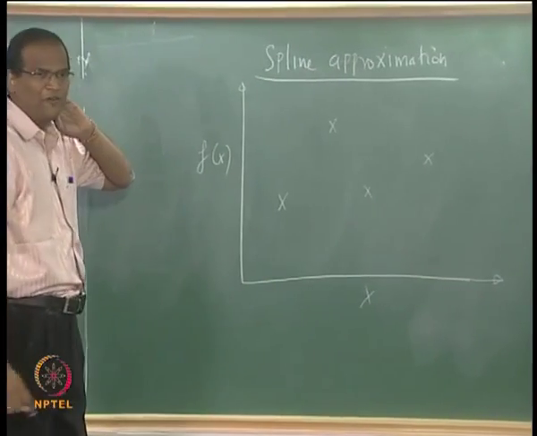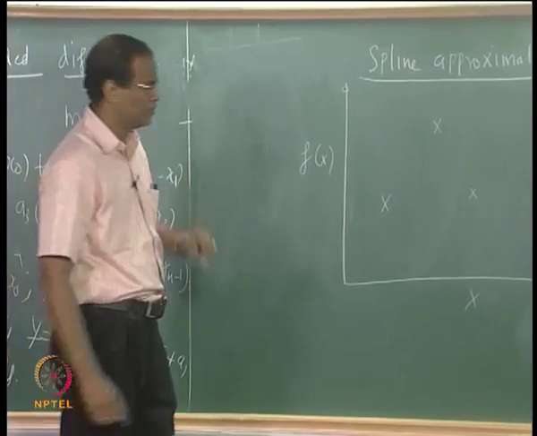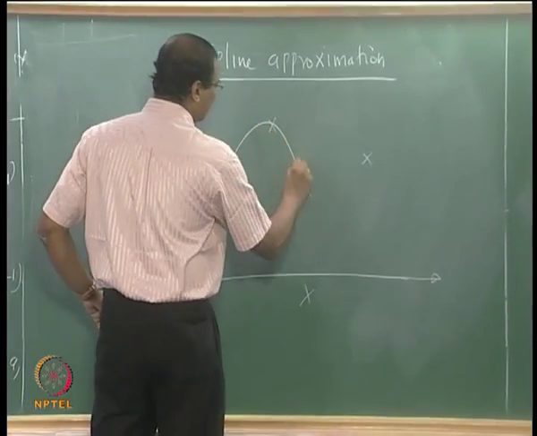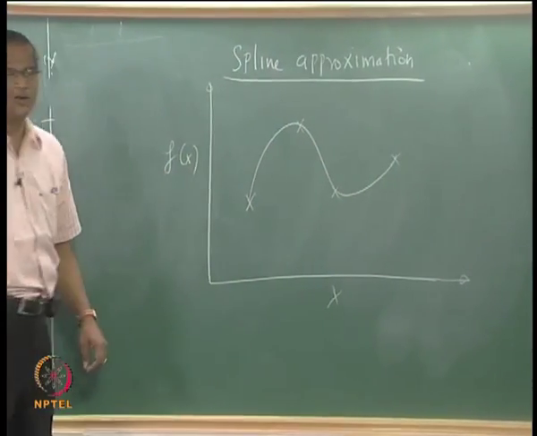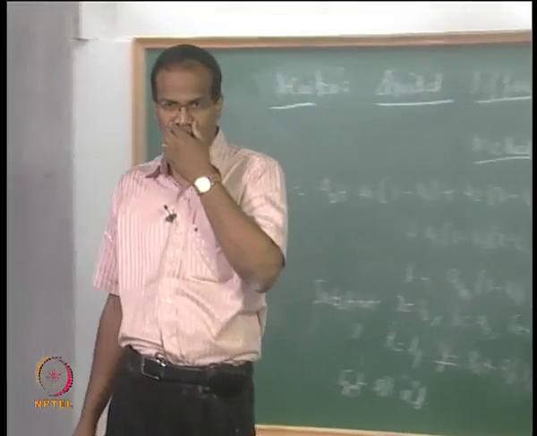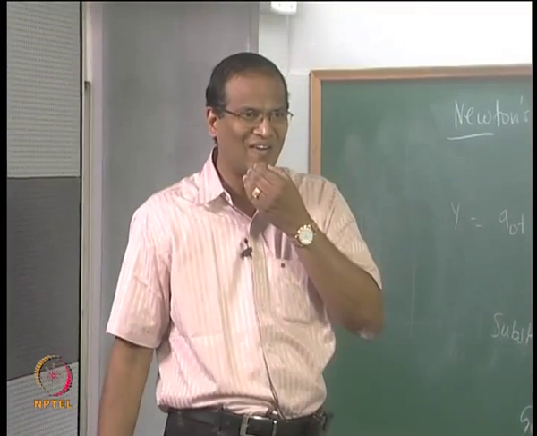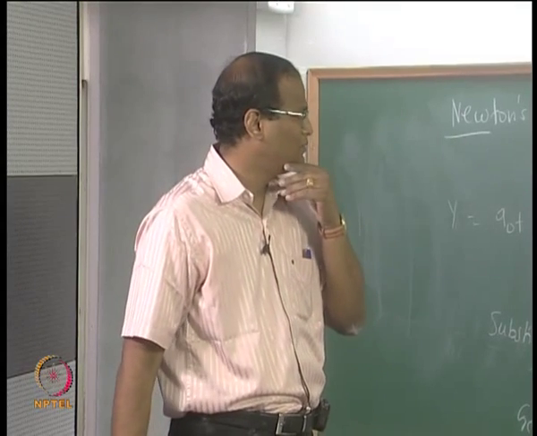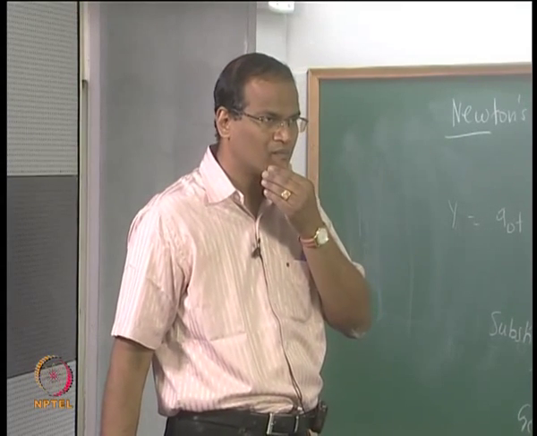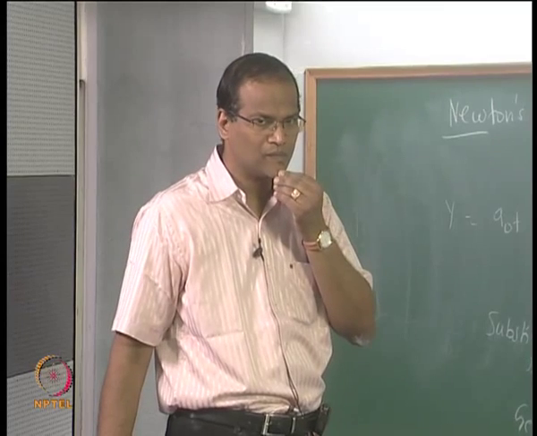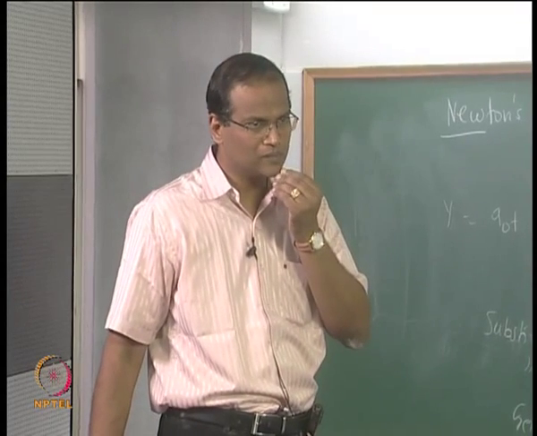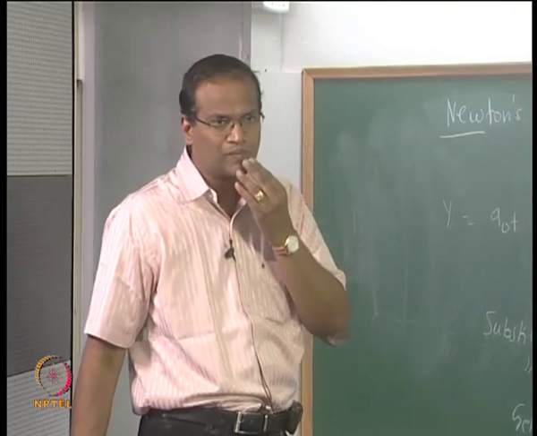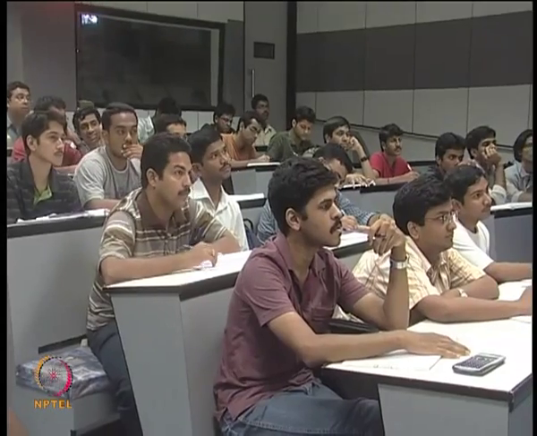Suppose this is f of x, and I join the points by a smooth curve. It is a smooth curve, right?